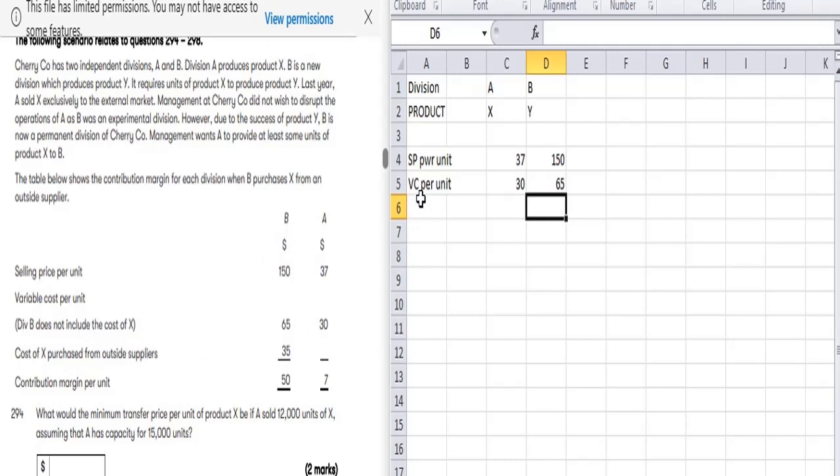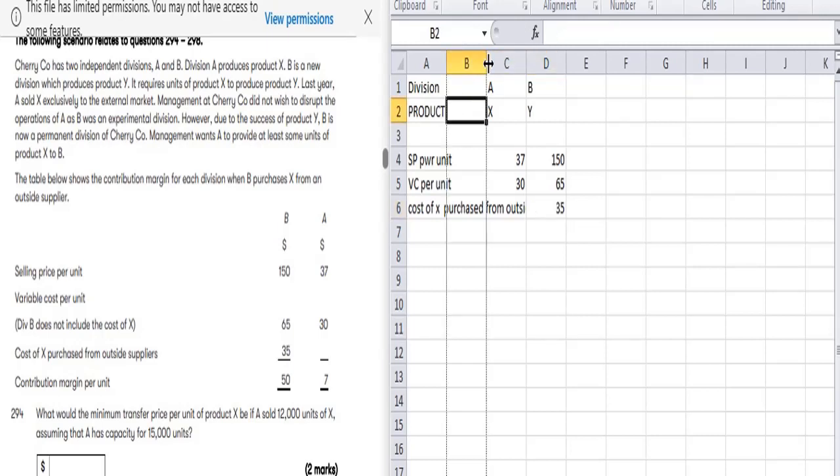The question also mentions the cost of X purchased from the outside supplier. Earlier, division B was purchasing product X from the outside supplier, and in that case its cost was 35.